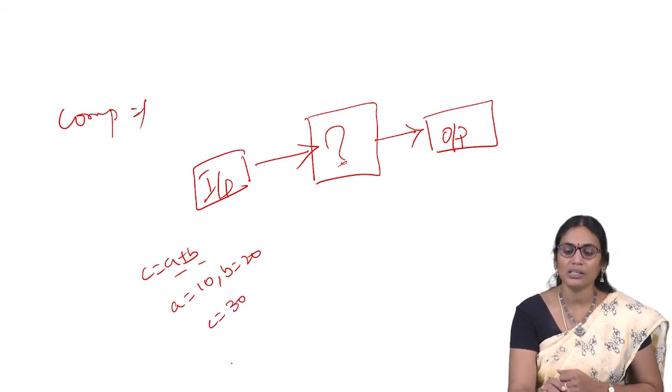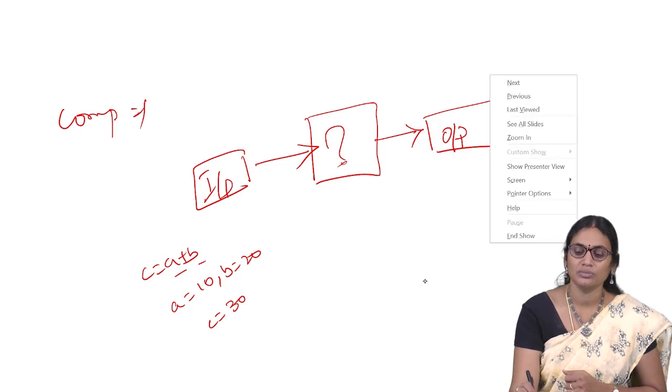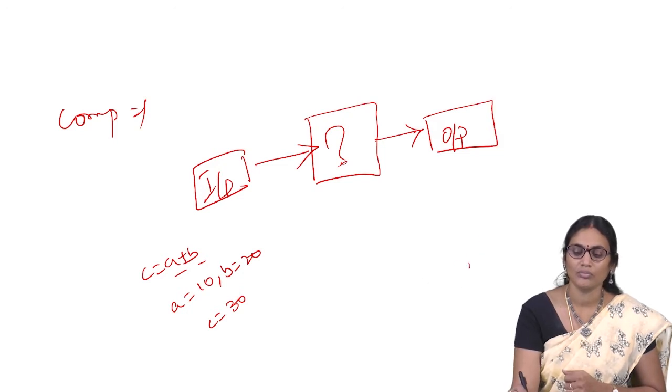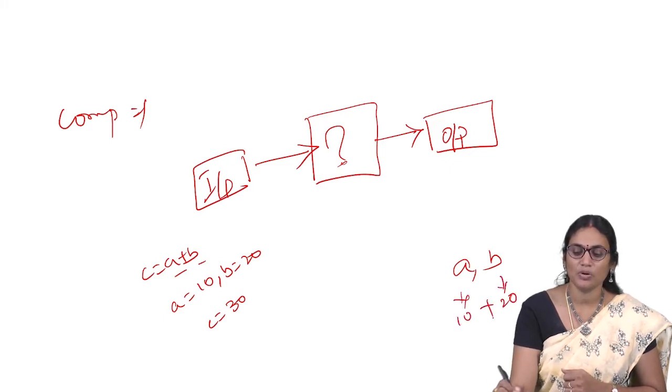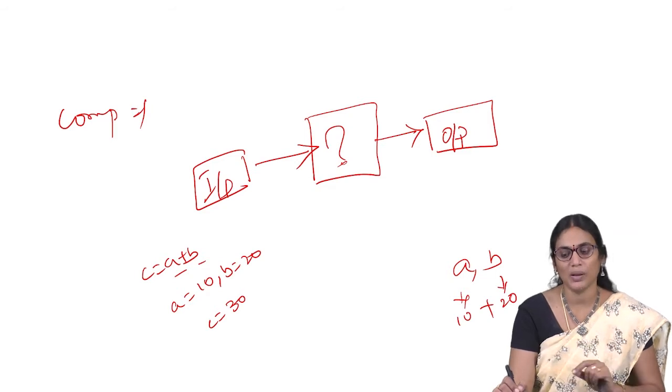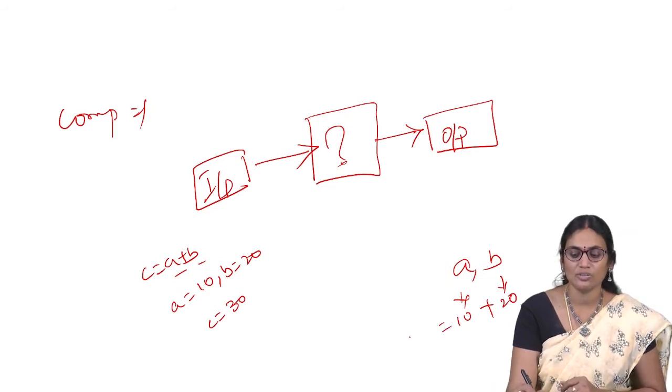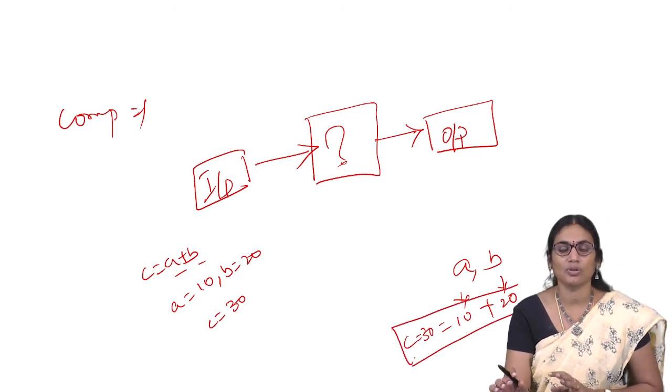Now, what is happening here? I am taking two inputs, A and B, which are considered as 10 and 20. They are processed with a simple operation called plus, and the result is fed into C, which equals 30. So this is a basic idea of processing.